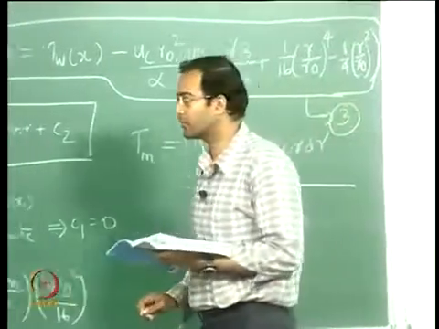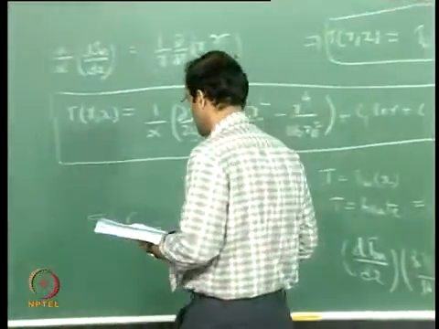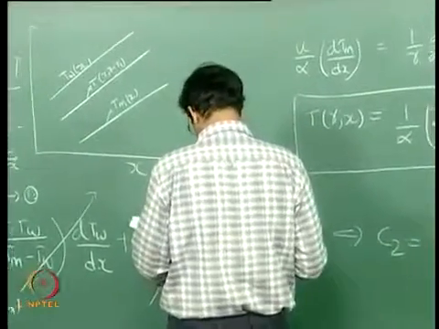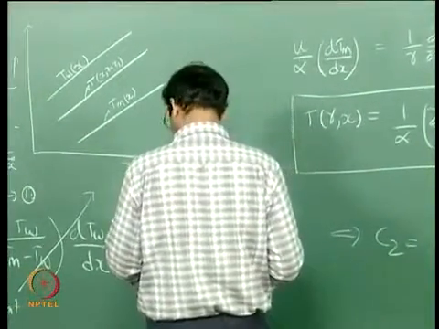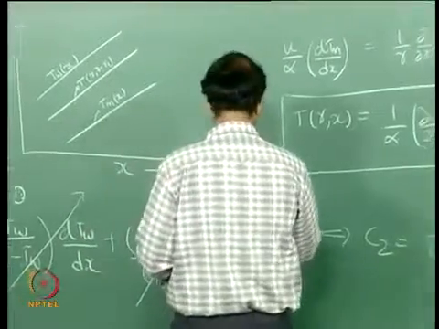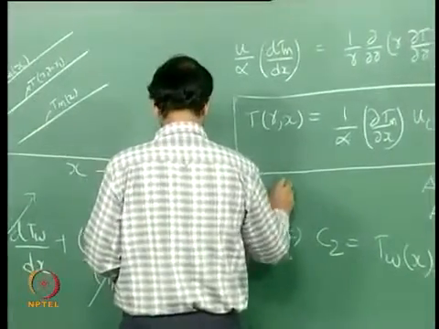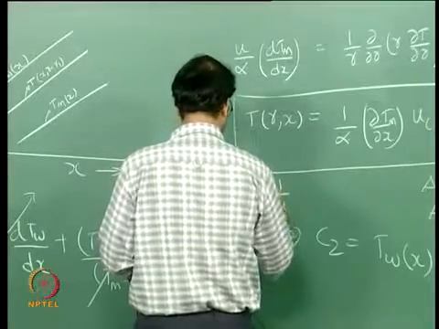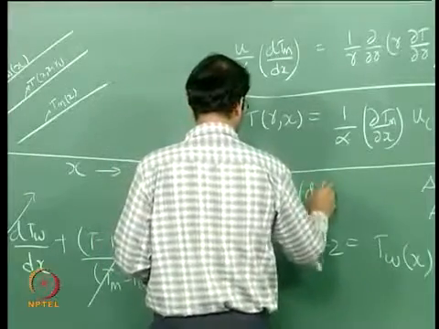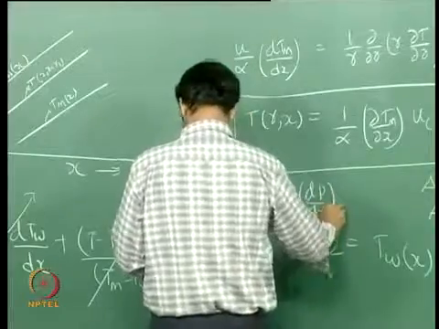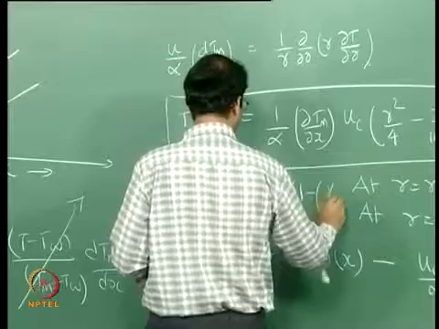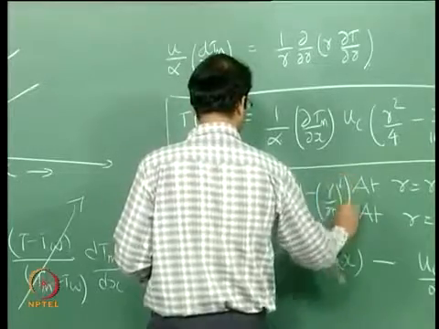So therefore you have the velocity profile. I will just write down the velocity profile for you again. So your U of R is 1 by nu, minus 1 by 4 nu into dP by dx R naught square into 1 minus R by R naught a whole square.